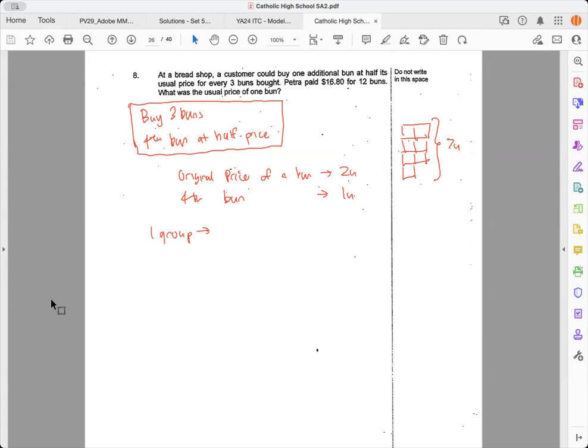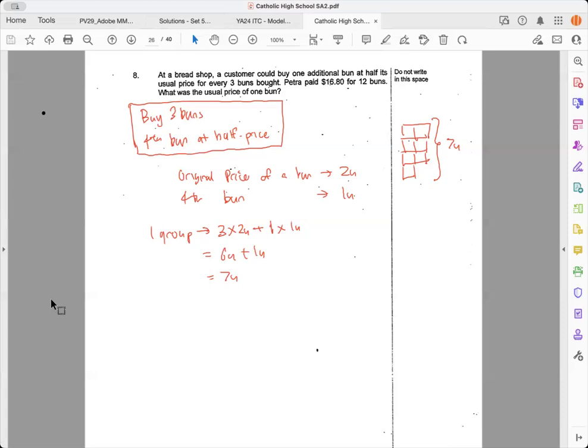One group consists of 3 buns at original price of 2 units, plus 1 bun at a discounted price of half the 2 units, which is 1 unit. So altogether, 6 units plus 1 unit, 7 units.